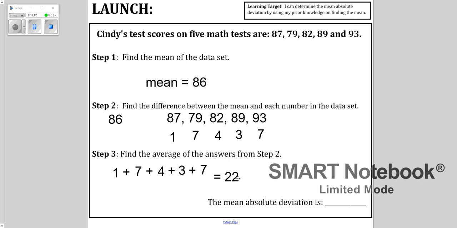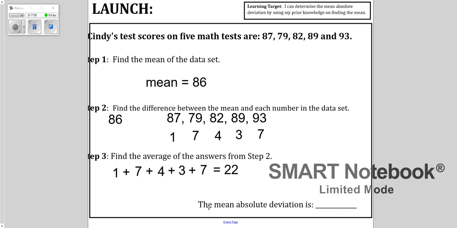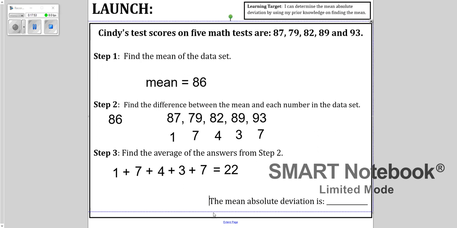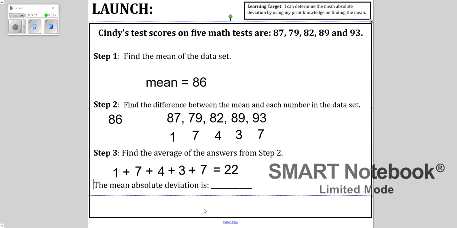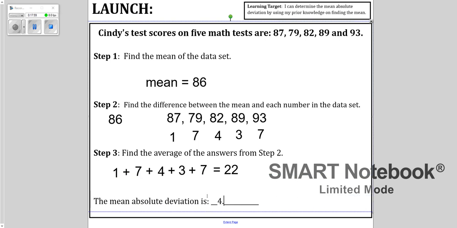And then divide that number by 5. So the mean absolute deviation is 4.4 because 22 divided by 5 equals 4.4.